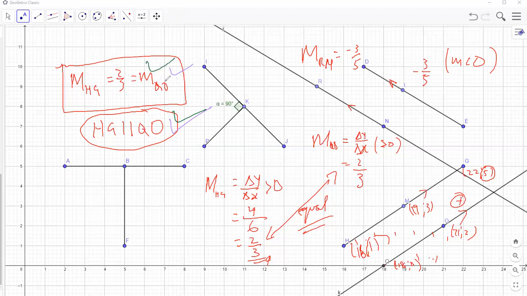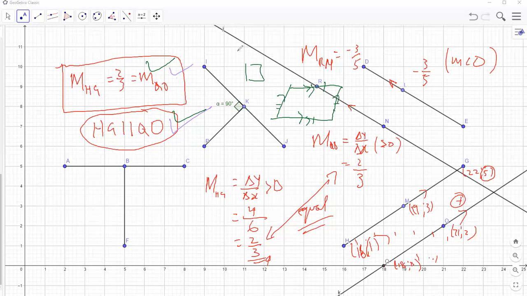This is very important, especially when you have to prove that a quadrilateral is a parallelogram or a rectangle, whatever the case is. It is important for you to know this property because in a parallelogram, two opposite sides are equal, and not only equal, but they are also parallel. That's one thing that you know about the parallelogram.